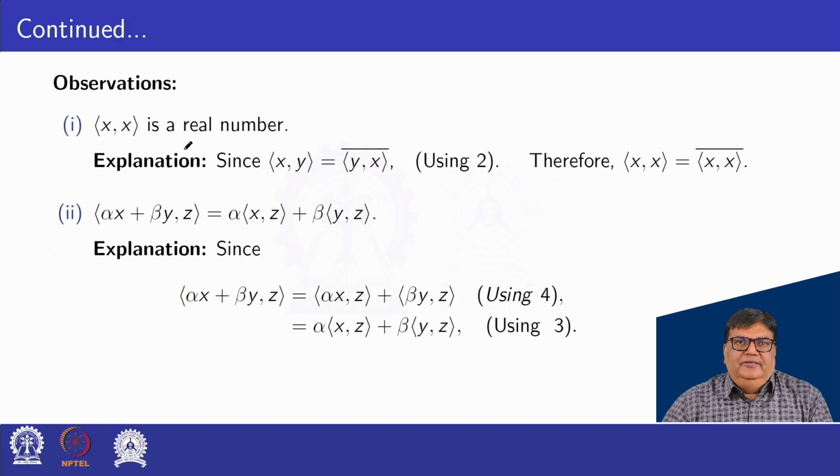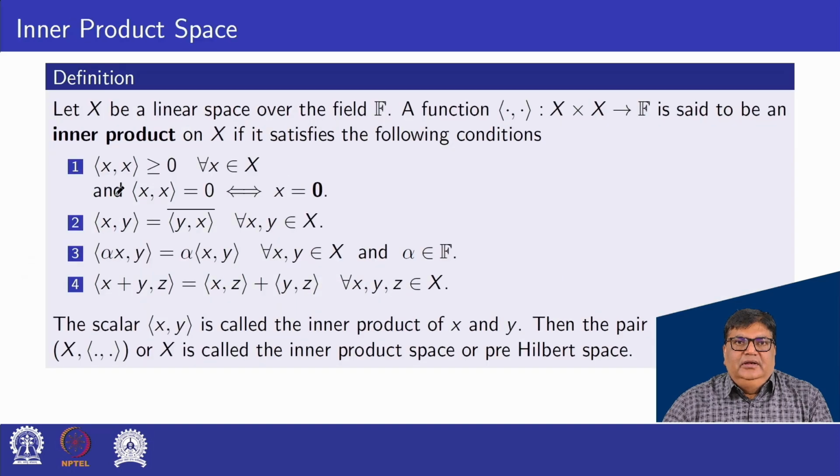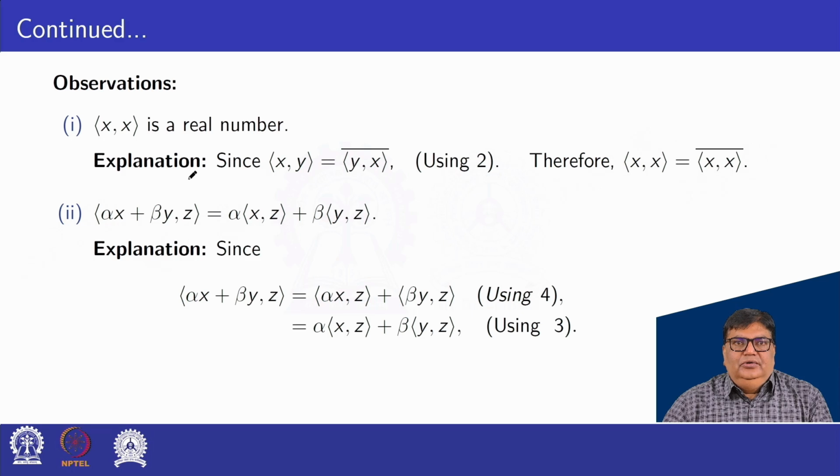Some observations of inner product. First, inner product of (x, x) is a real number. Explanation. We know that by the second property inner product of (x, y) is equal to the complex conjugate of inner product of (y, x). So if both elements are the same, that is y is equal to x, therefore inner product of (x, x) is equal to its conjugate.